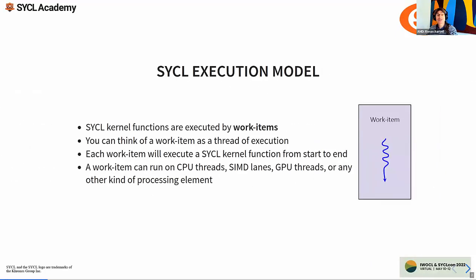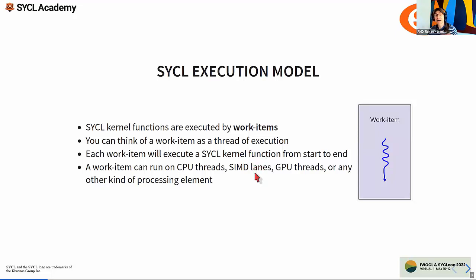So the execution model is based on work items that allow you to execute the kernel functions. You can think on the CPU that this work item would be a thread or a fiber. And each work item will execute an instance of your SYCL kernel function from the start to the end.